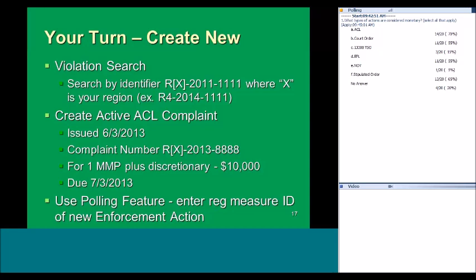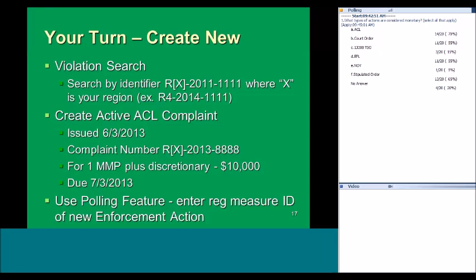Here I have RX, that means your region, so R4, R2. For the regions that have sub-offices, I included the sub-office indicator just for ease of this exercise. So search for the identifier and you'll come up with a violation.